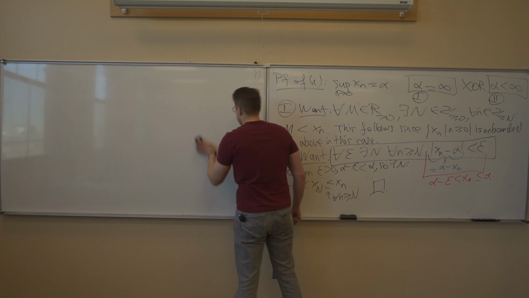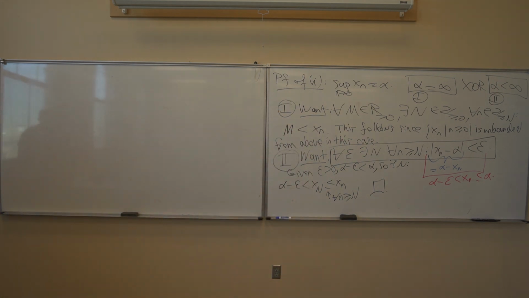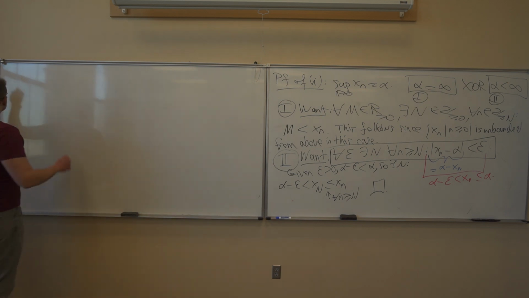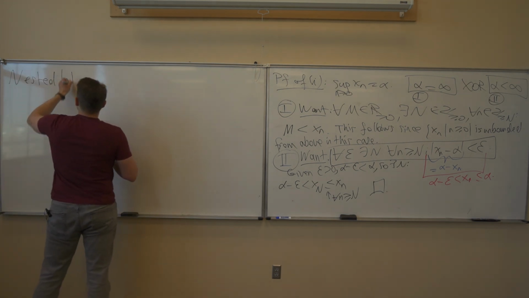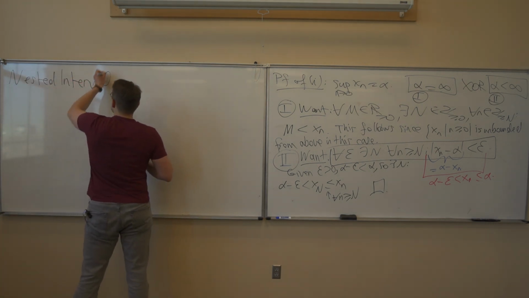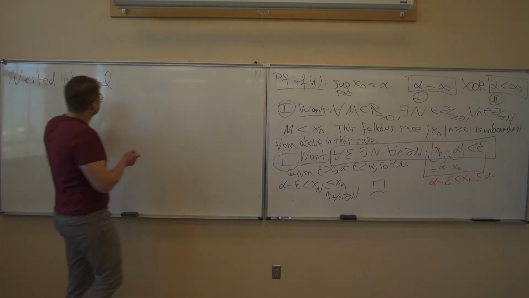So let me write it down. This is what is called the nested interval property. There's a more general version of this, which is called the Cantor Intersection Theorem. It's a theorem, but you call it a property, I guess.